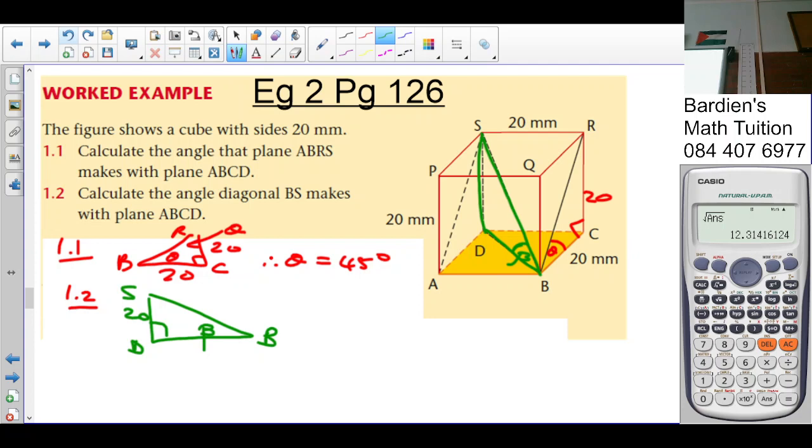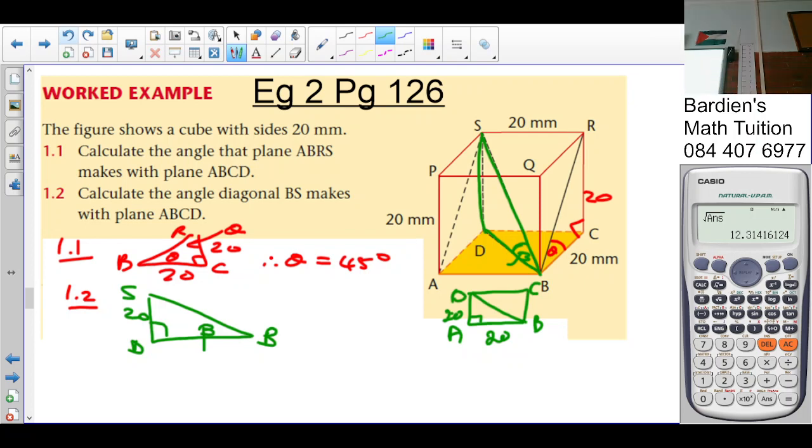Now looking at BD. BD can also be calculated. Can you see that? What type of shape is this? It's a square, ABCD. What is the length of the side here? 20, yeah? 20. So DB is that line going through. Remember that stands 90 degrees there.